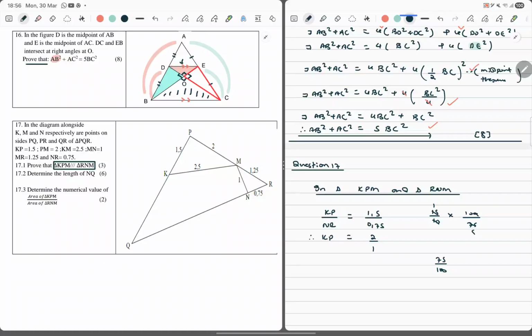So we end up with 10 over 5. Yes, this is going to be 2 over 1.